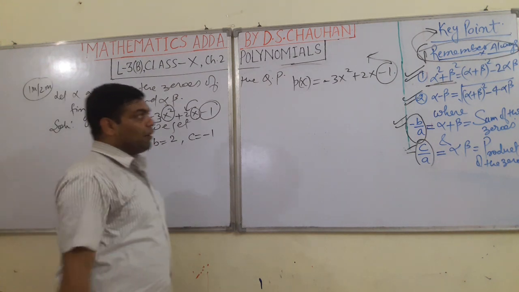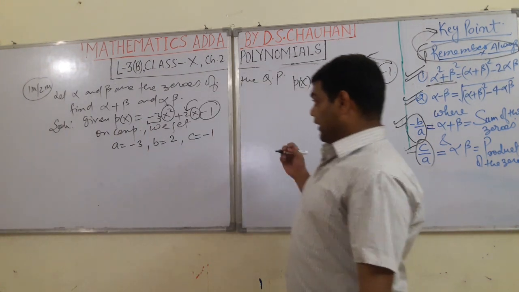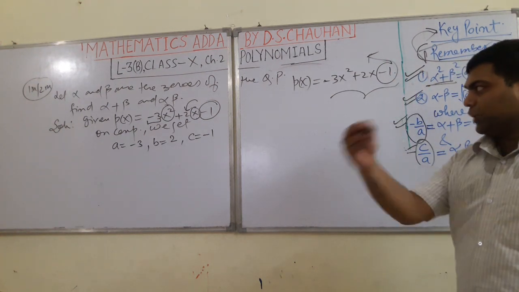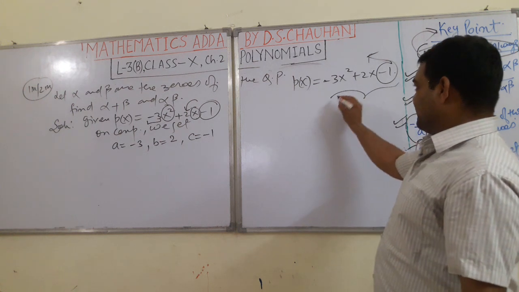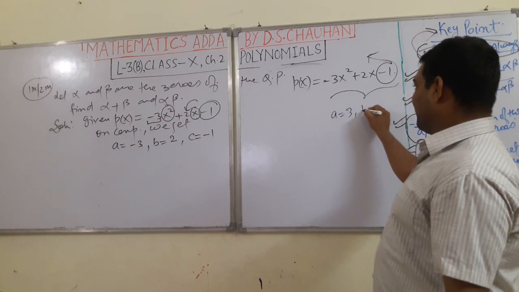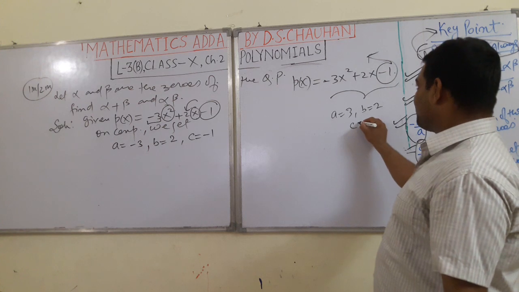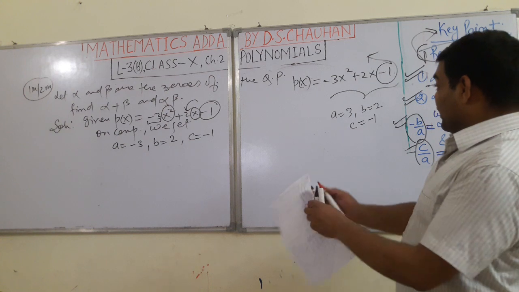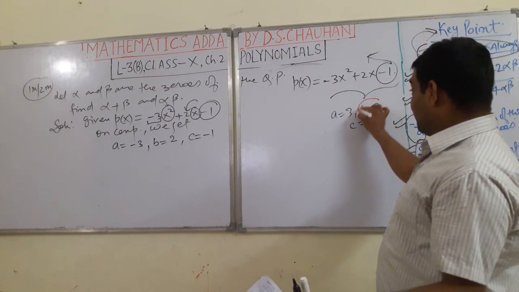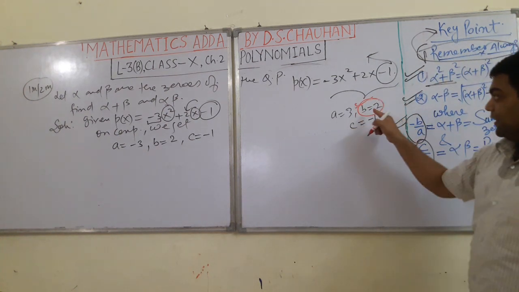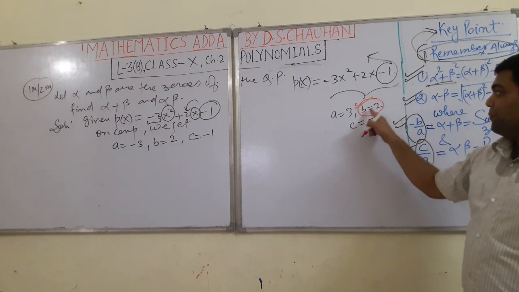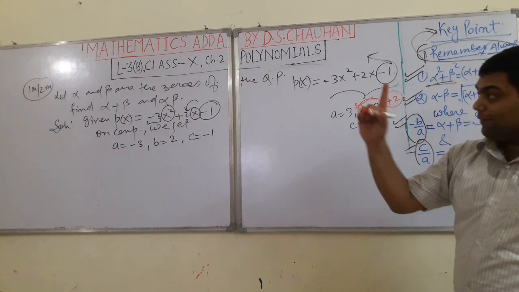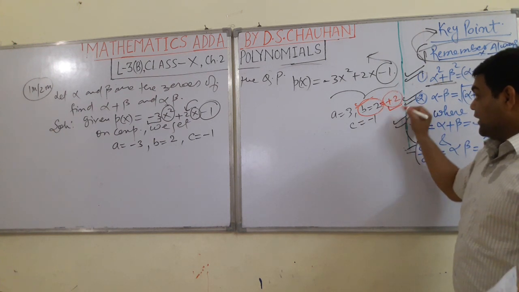Most of the time it has been observed in class that when we ask the values of a, b, c from this type of equation, students say the value of a is 3, the value of b is 2, and the value of c is minus 1. What is wrong here, students? Whenever you speak about b, the coefficient of x, it is 2, meaning plus 2. Remember, plus is always understood, so there is no need to write it.